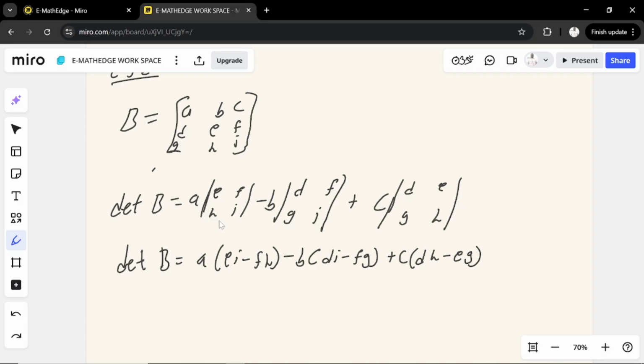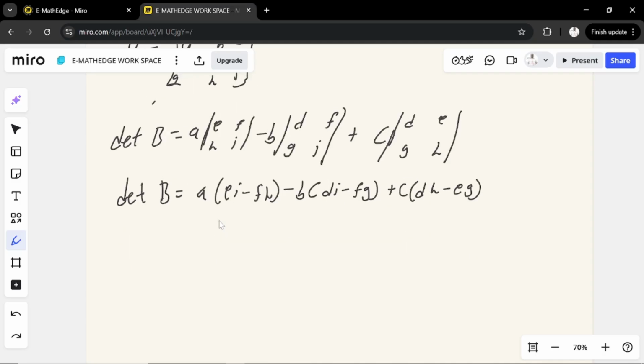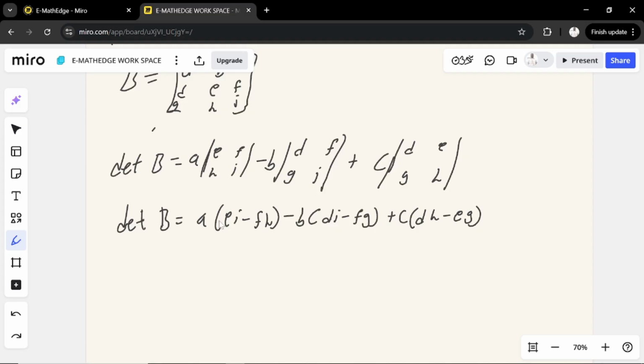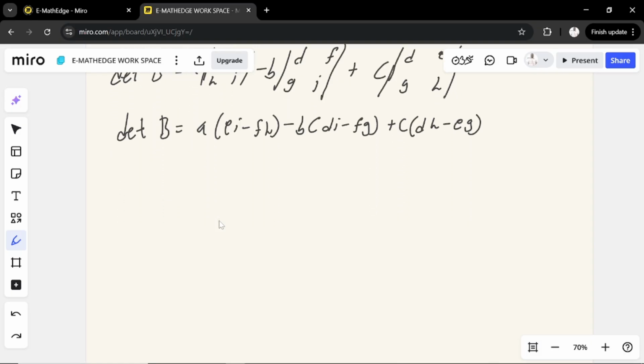So let's go ahead and substitute numbers into this alphabet so that we can get a single value, because we define determinants as a single value or a scalar value computed from a square matrix. So let's use real values to see if we can obtain that single value or scalar value which we are looking for.